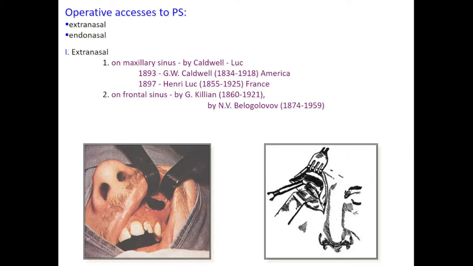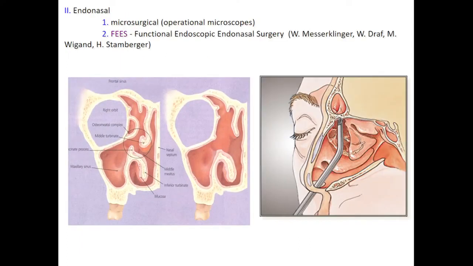There are a few operative accesses to paranasal sinuses, but of course, extranasal accesses are not used nowadays in most cases because it's quite traumatic and it is not physiological, not anatomical. And nowadays, with the development of endoscopic technique, of course, we try to use only intranasal methodics.